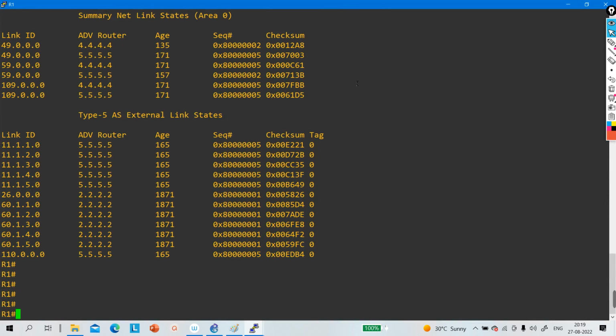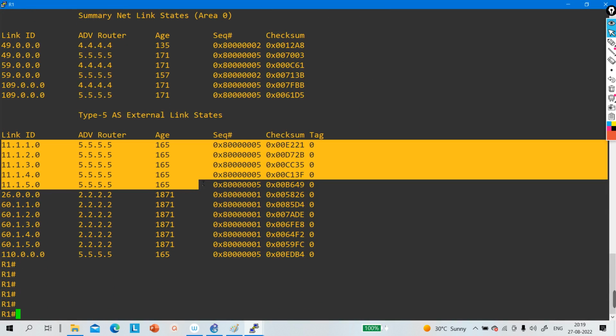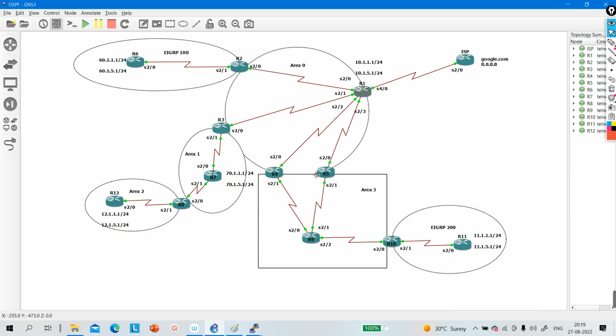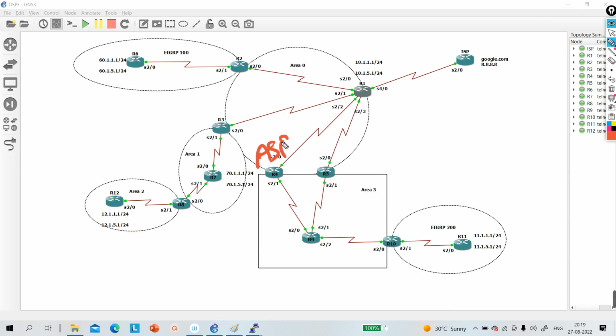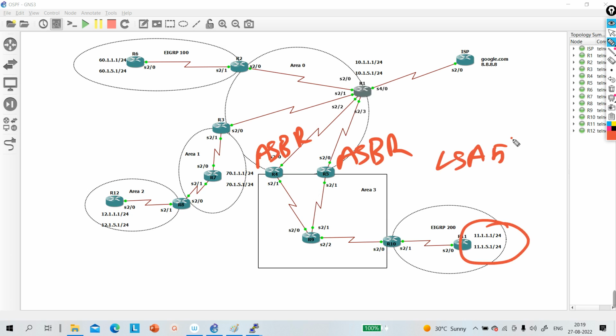So see 11 prefixes. So who is generating LSA 5? There are two ASBRs. Now these routers are ASBRs also, right? And the ASBR router will generate LSA 5 to share these prefixes. So the router which has the highest router ID will generate LSA 5 to share external prefixes in the OSPF domain.